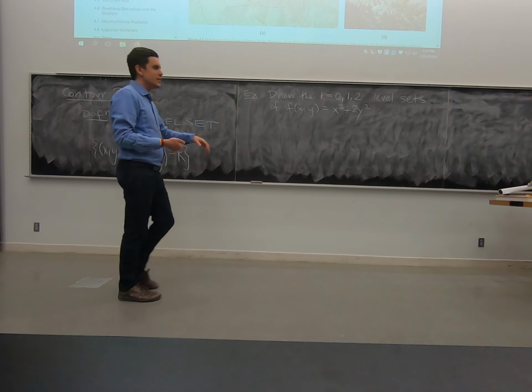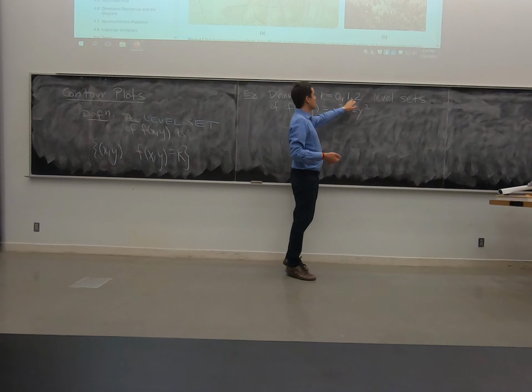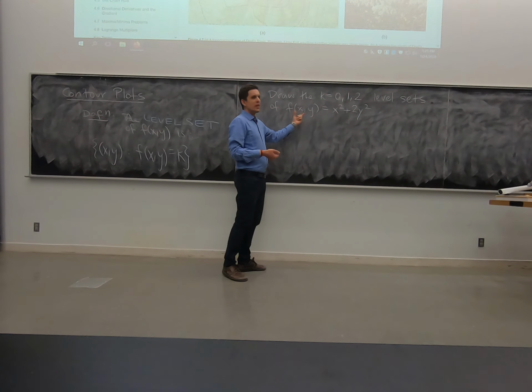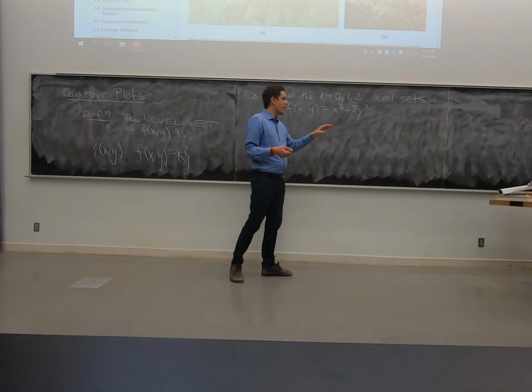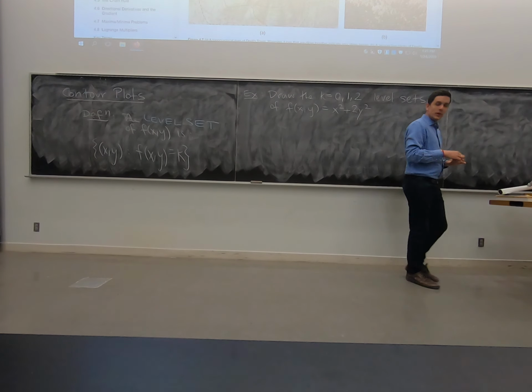So we're specifying a list of numbers that will be our level sets, and we want to draw the level sets of this 3D function to understand the 3D graph as a two-dimensional picture.